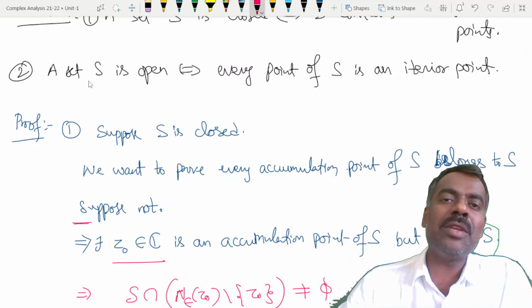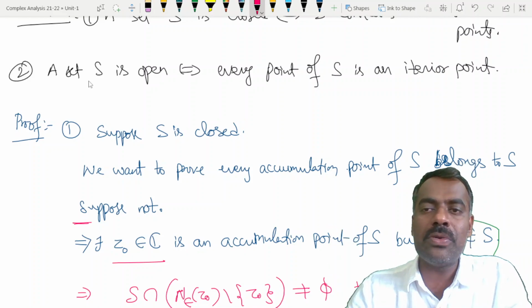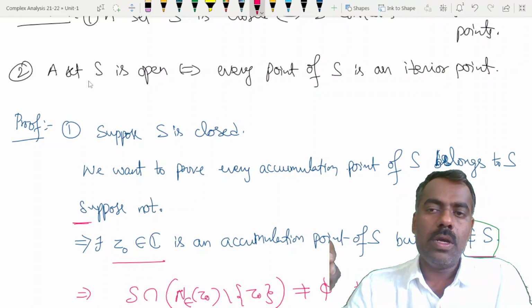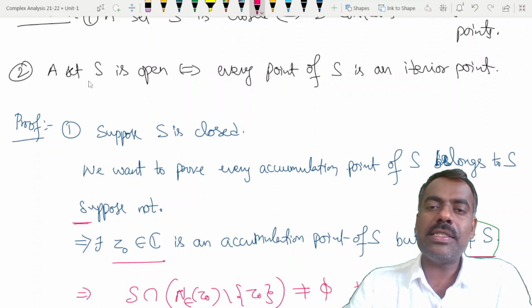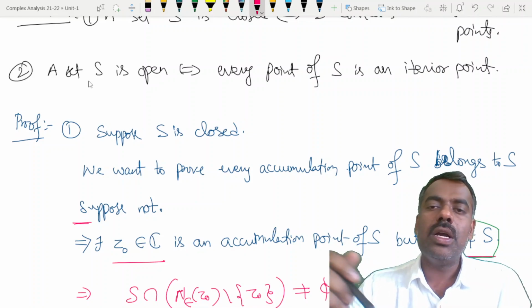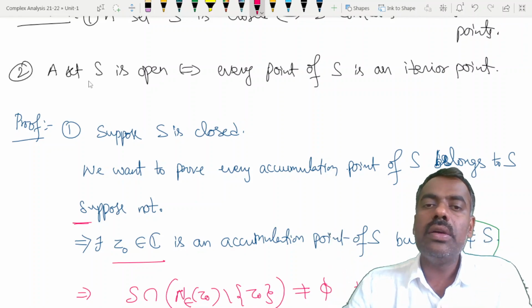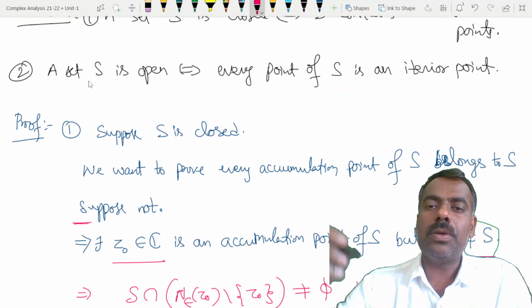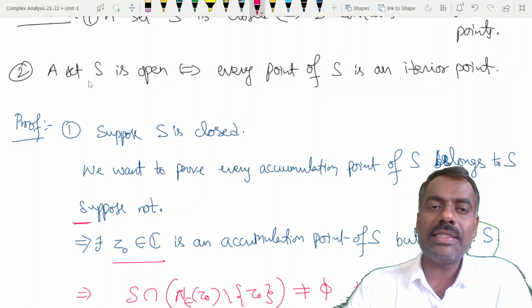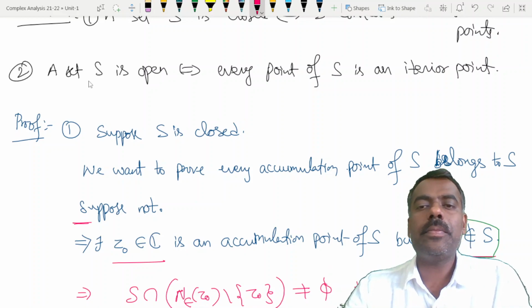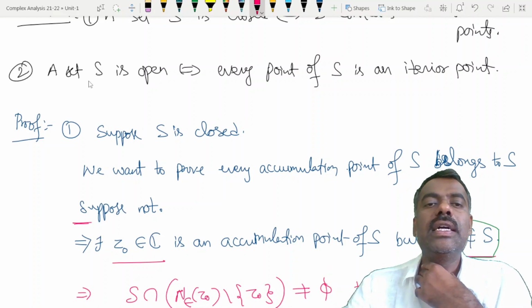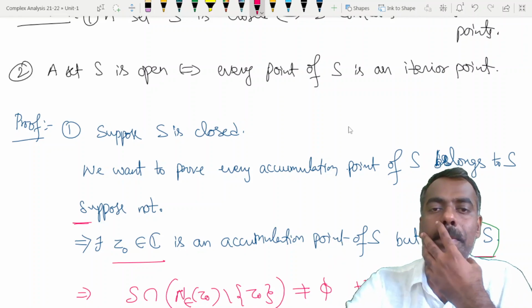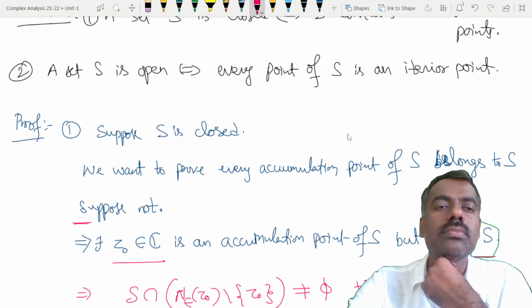By definition, interior point means there is at least one neighborhood which is completely contained in S. So it is not an interior point means any neighborhood you take is not completely contained in S. Simplify that, and you will come to know that that point is a boundary point, which gives a contradiction. Are you following?